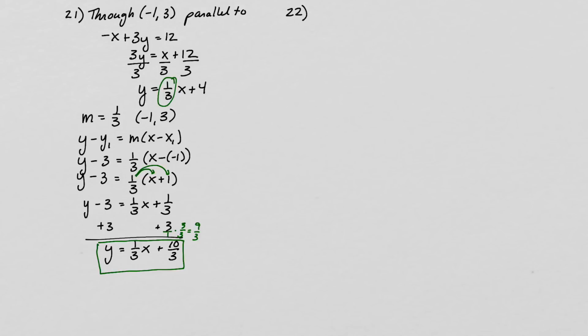The next two are similar, except instead of looking for the line that's parallel, we actually want the line that's perpendicular. So we're going to go through the point 8, 5 and perpendicular to 2x minus y equals 7.